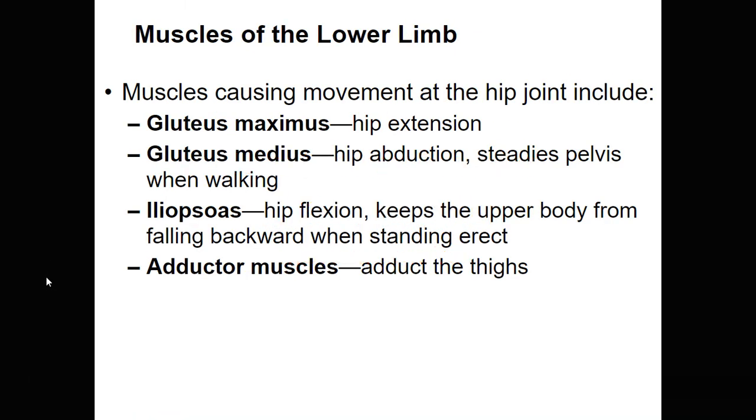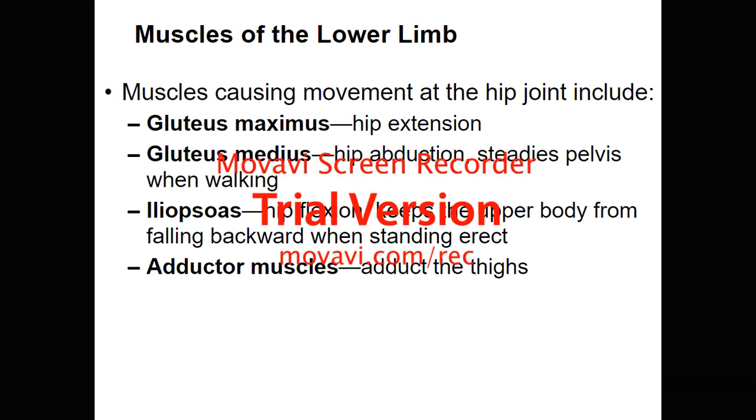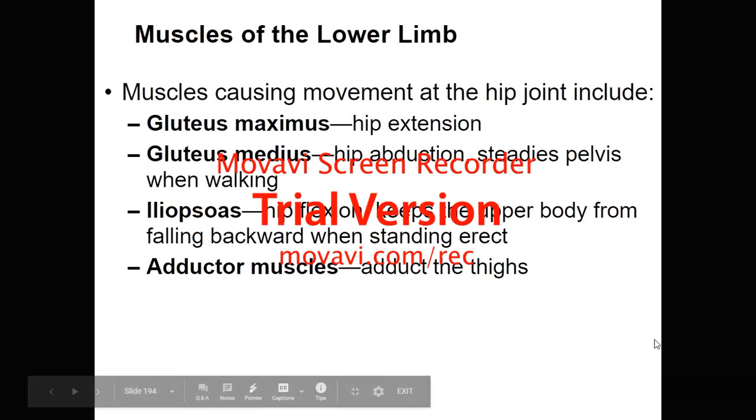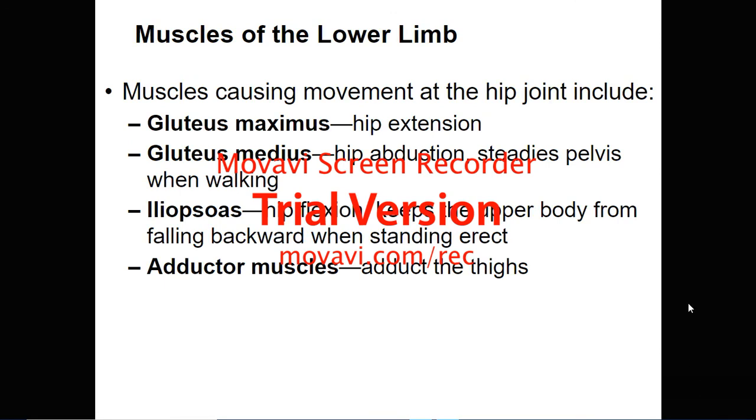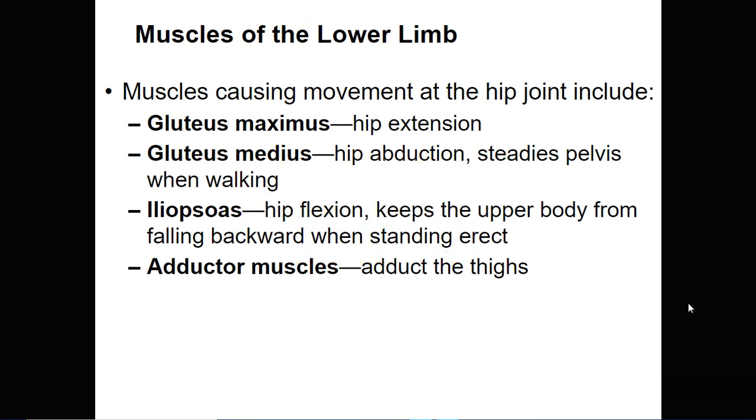All right, muscles causing movement at the hip joint include the gluteus maximus, hip extension, the gluteus medius, hip abduction, iliopsoas, hip flexion, which keeps the upper body from falling backward when standing erect, and the adductor muscles, which adduct the thighs.